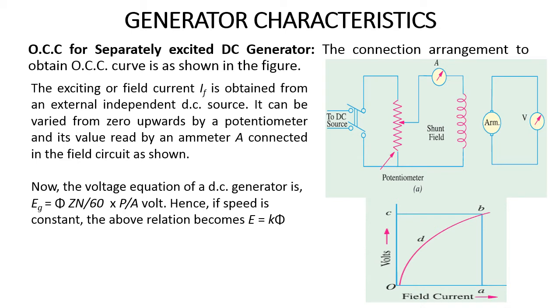Now the voltage equation of a DC generator, Eg equals phi Z N by 60 into P by A volt. Hence if speed is constant, the above relation becomes E equals K phi, that is constant times magnetic flux. Magnetic flux is directly proportional to the field current. So we can get the OCC characteristics for separately excited DC generator as shown in the figure.